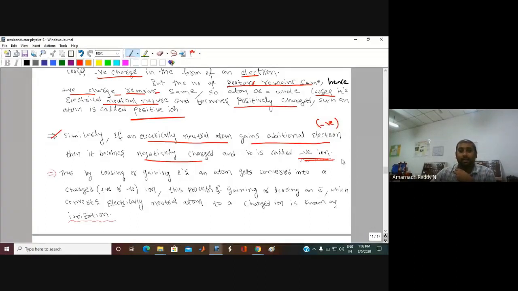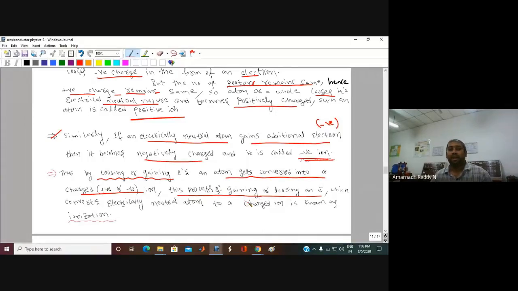Thus, by either losing or gaining electrons, an atom gets converted into a charged ion, either a positive charged ion or a negative charged ion, depending upon whether it is gaining or losing an electron.